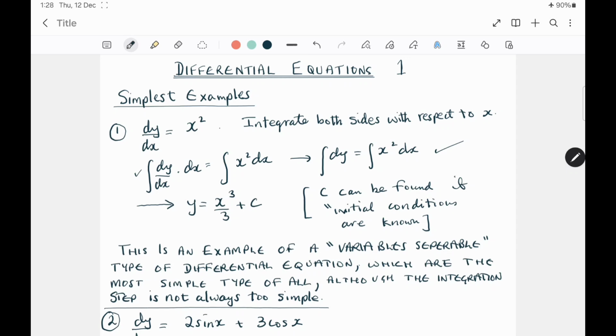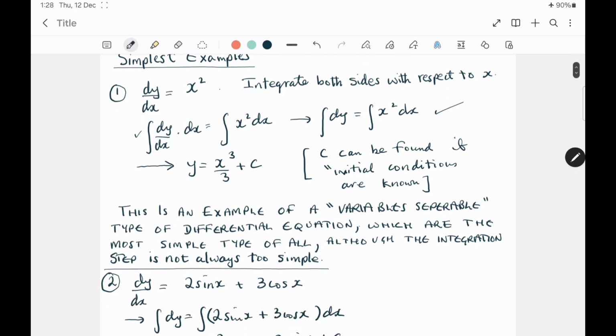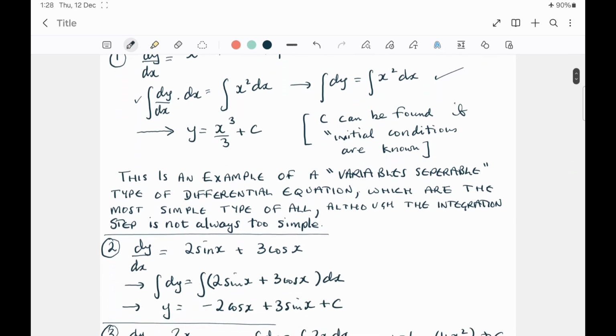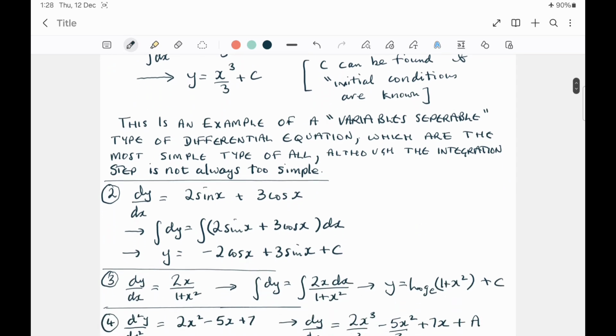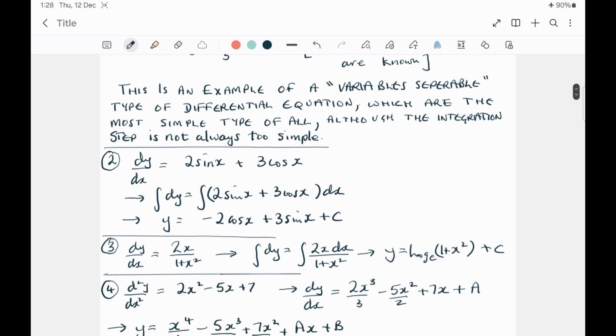Okay? Right. So this is an example of a variable separable type of differential equations, which are just about the most simple of all, although the integration step may not always be too simple. For the second example, I've got dy/dx equals 2 sine x plus 3 cos x, where we go through the same procedure as before.